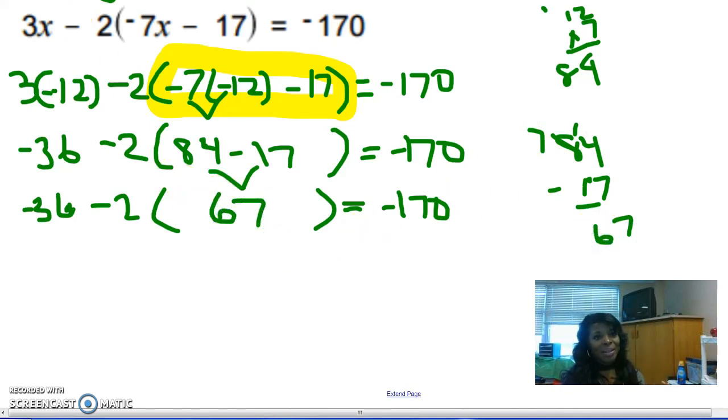Now we're getting closer. Now, negative 2 times 67. But guess what? Bring down the negative 36. Remember, with algebra, it's so much bringing it on down. Bring it on down. All right. So now we have two sets of 67.